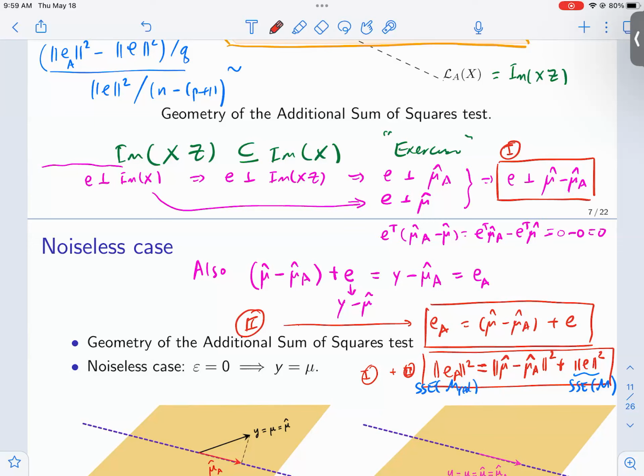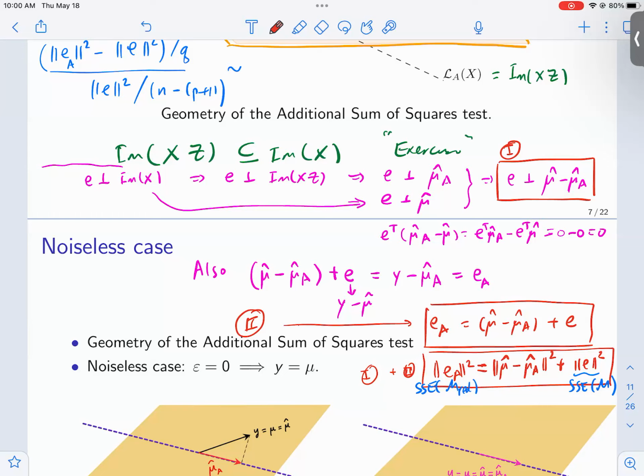So now, does anyone remember the meaning of the SSE? This is sometimes called the geometric version of the decomposition of the variance. Think of the sum of squares as measuring variation, how big the errors are. So this is saying one particular variation is decomposed into 2 pieces.